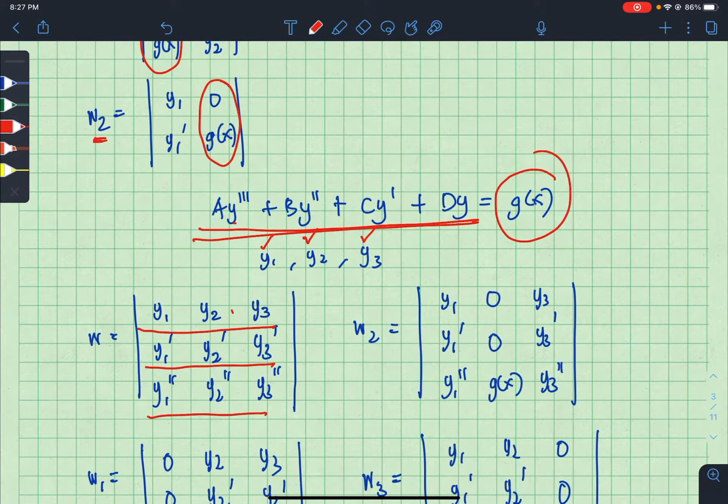When using variation of parameters, take note of this. This is a special case. If you have noticed on our previous examples, in our first example, the numerical coefficient here is 1.